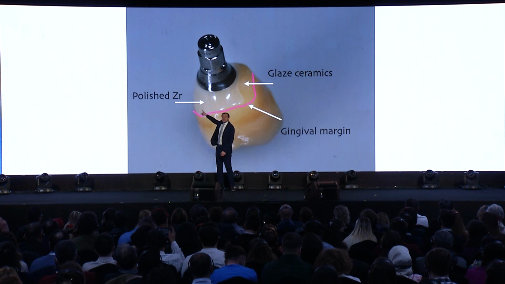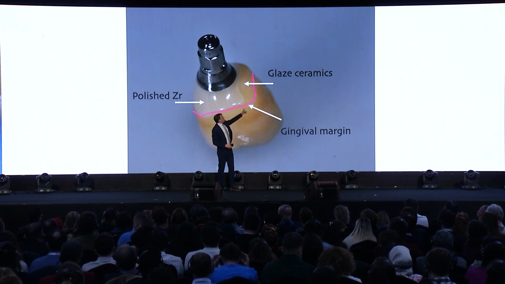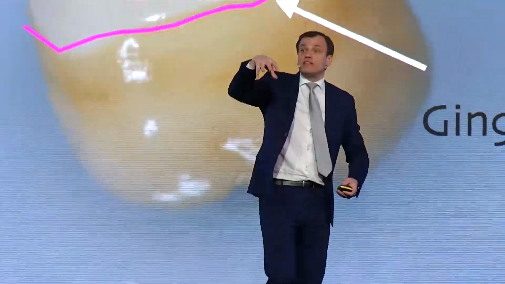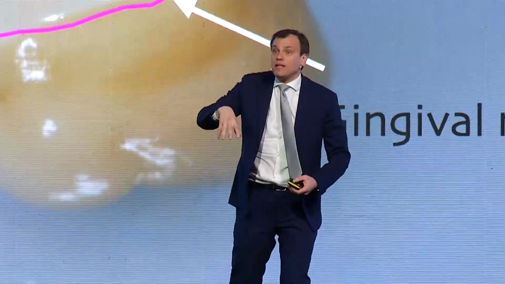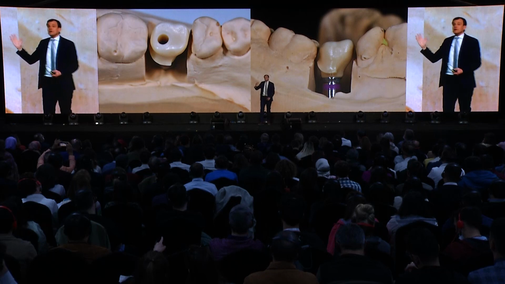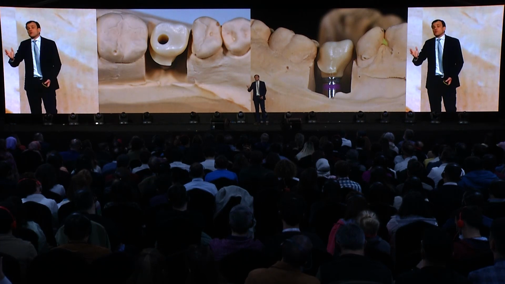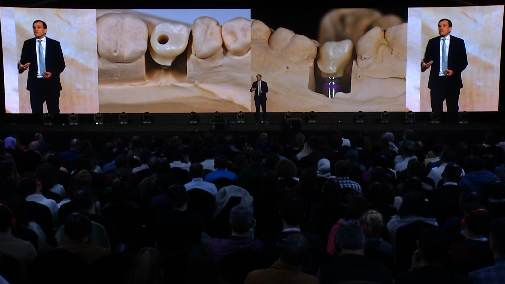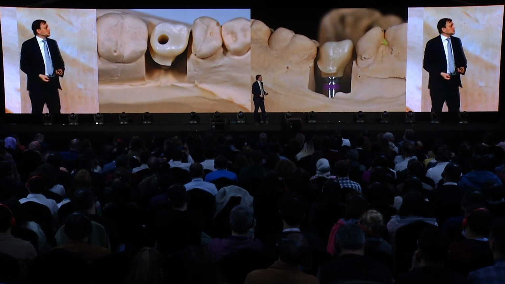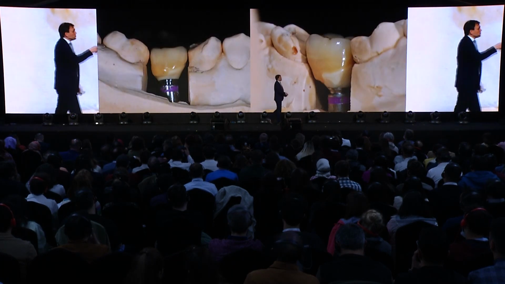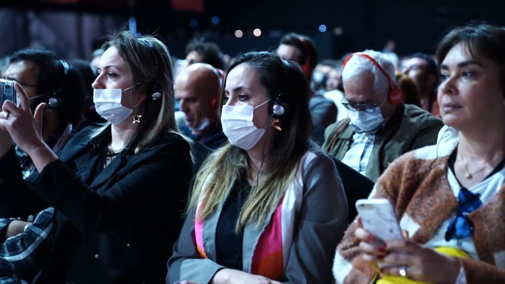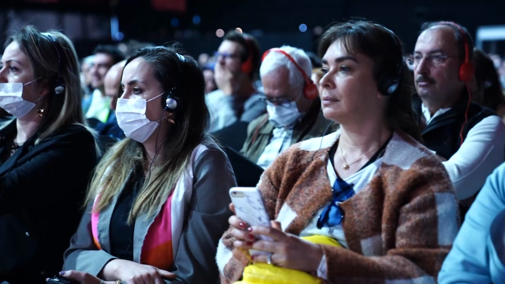On one side, we had a polished part, and on the other, we had a glazed part. And I was thinking, if I attach that restoration to the implant, it means that on one side, I will have better protection, and on the other side, I would have not as good protection. And then you can see here, so this is zirconia, polished, and here you have porcelain.